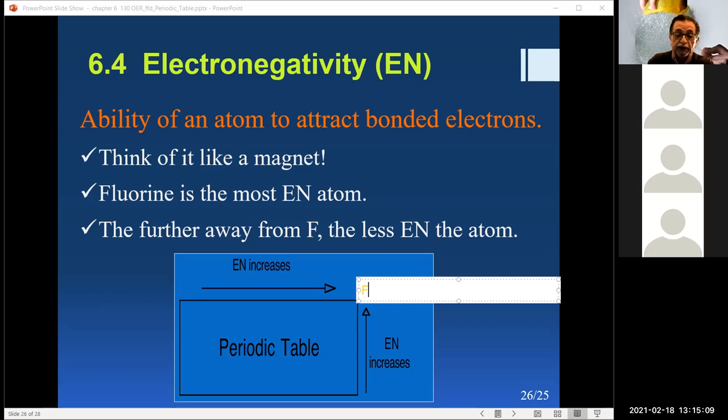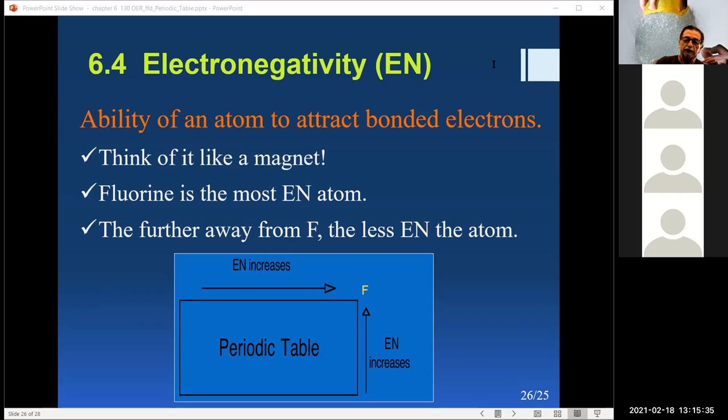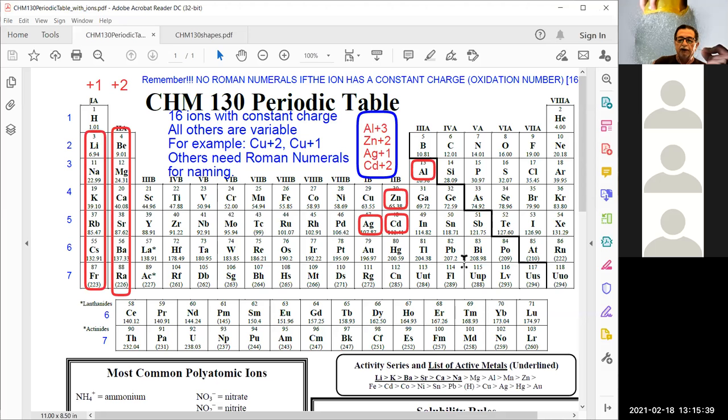And that's going to be our benchmark because that would assist us to determine and compare the electronegativity of other elements, because the trend goes from left to right. As we go to fluorine, electronegativity increases. And from the bottom of the periodic table toward fluorine again, the electronegativity increases.